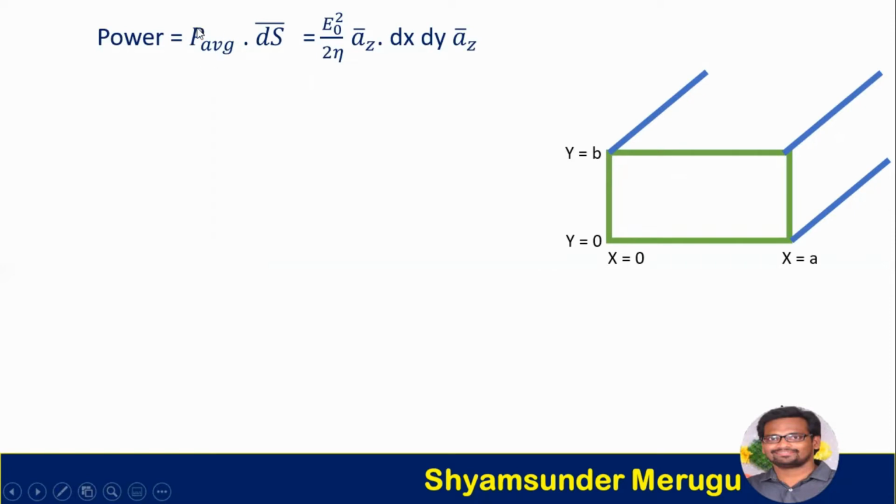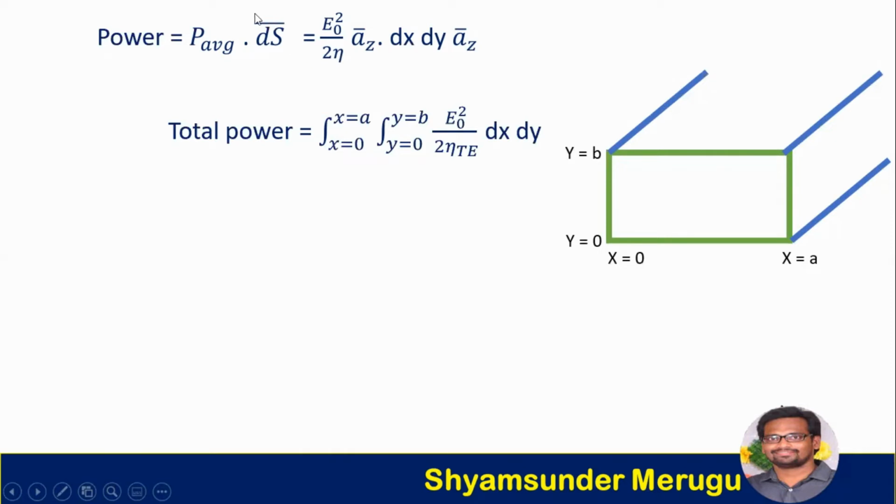The average power we already have, that is E naught square over 2 eta Az bar, and the differential surface can be written as dx dy Az bar. Now the dot product between Az bar and Az bar will be 1, and the power will be equal to P average into, that is, E naught square over 2 eta dx dy.